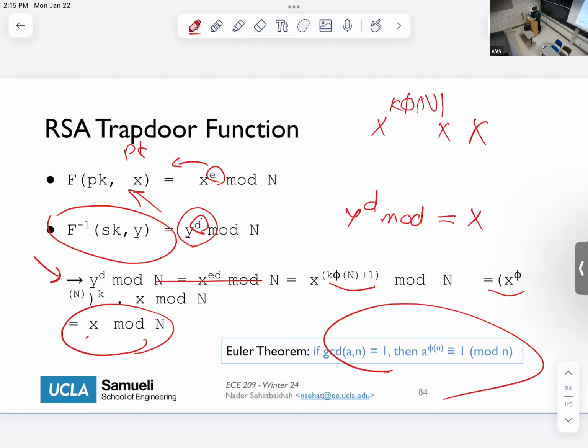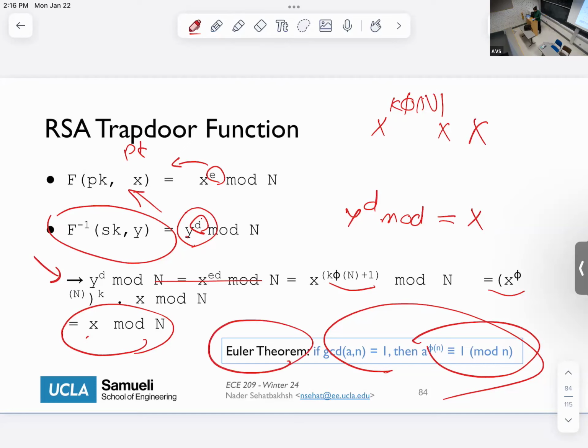And then there is another known theorem that says that if the greatest common divisor of a and n is equal to 1, then a to the power of phi(n) is equal to 1 modulo n. This is a very well-known theorem in mathematics called Euler's theorem.